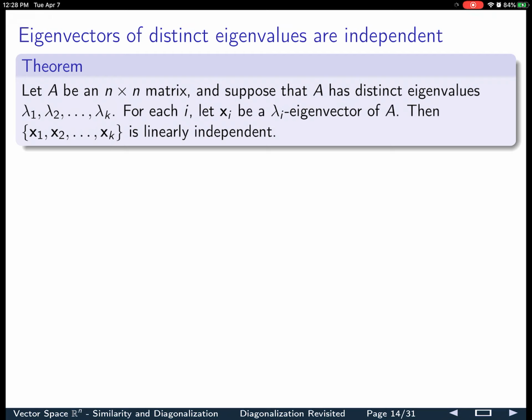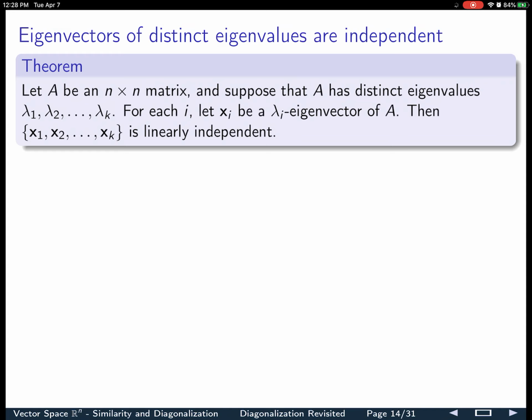Okay, this is a nice result that is very convenient. We know immediately that a matrix with distinct eigenvalues is diagonalizable.